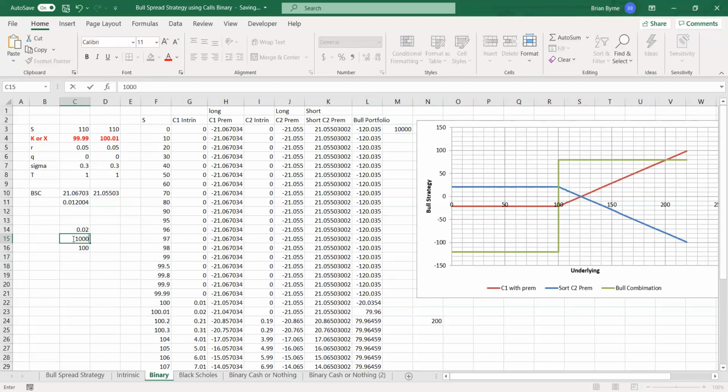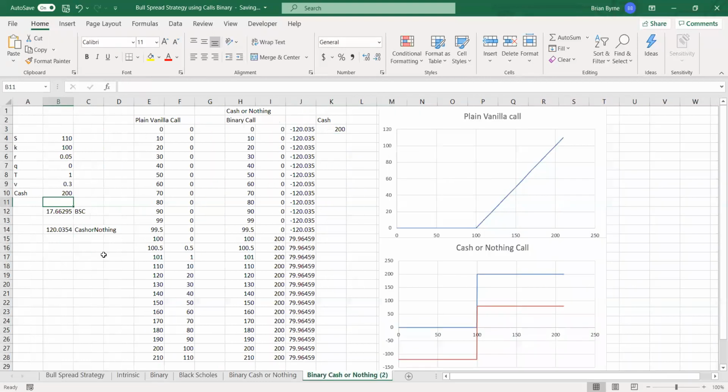So it's 10,000. So 10,000 by the 0.02 will give us 200. And that is a parameter, the cash amount, that we must include in the Reiner and Rubenstein 1991 formula.